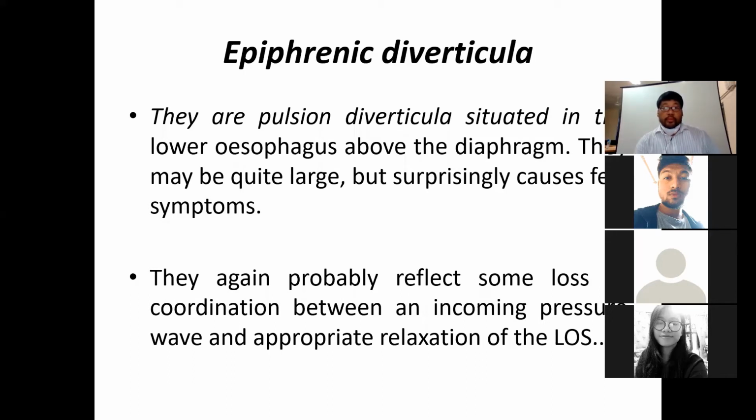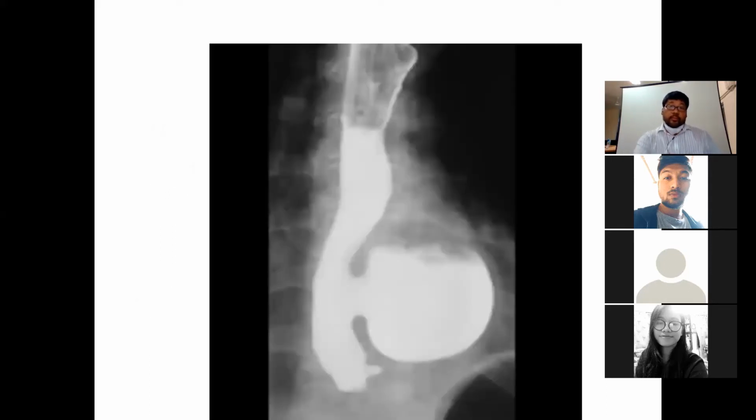They probably reflect some loss of coordination between the incoming pressure wave and appropriate relaxation of the lower esophageal sphincter. This is the barium X-ray, which is showing a large diverticulum in the lower esophagus.